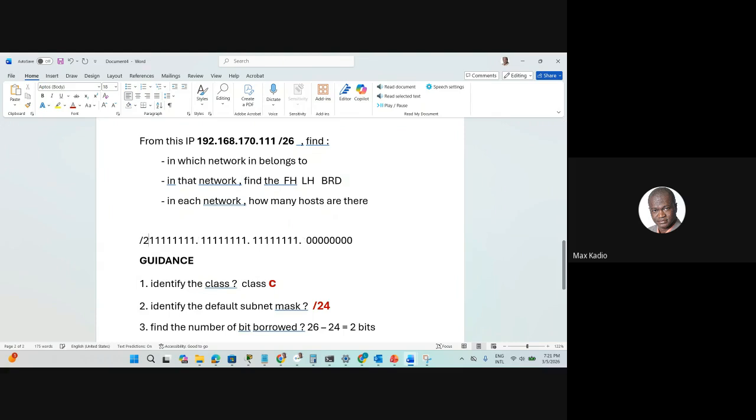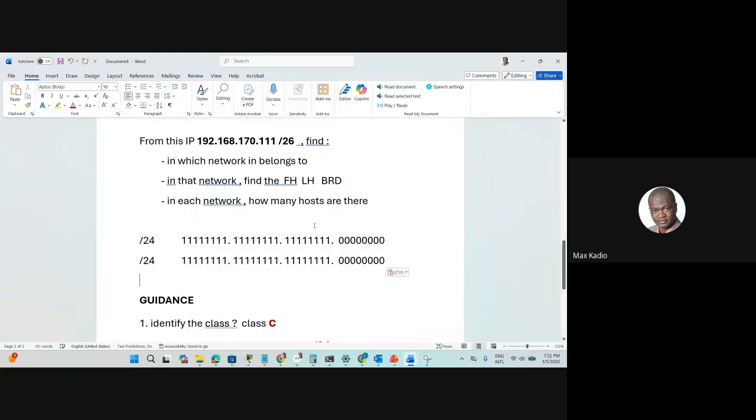We have 24 ones. But now in our question we see slash 26, which means we have 26 ones. We have our 24, and now we add 25 and 26.